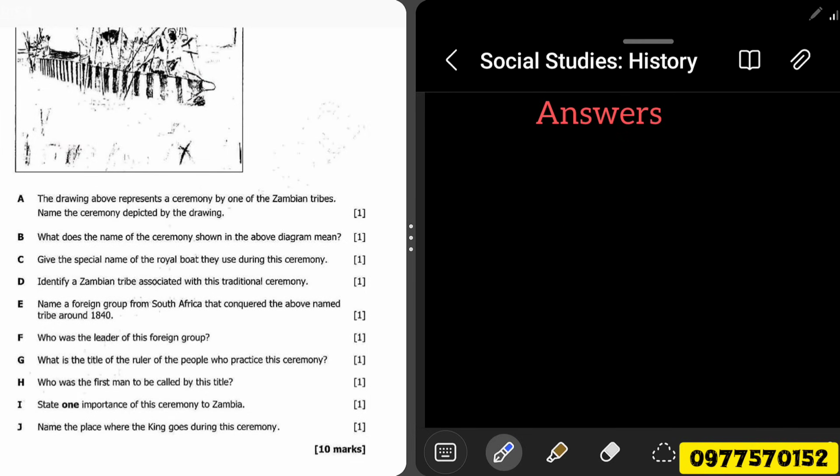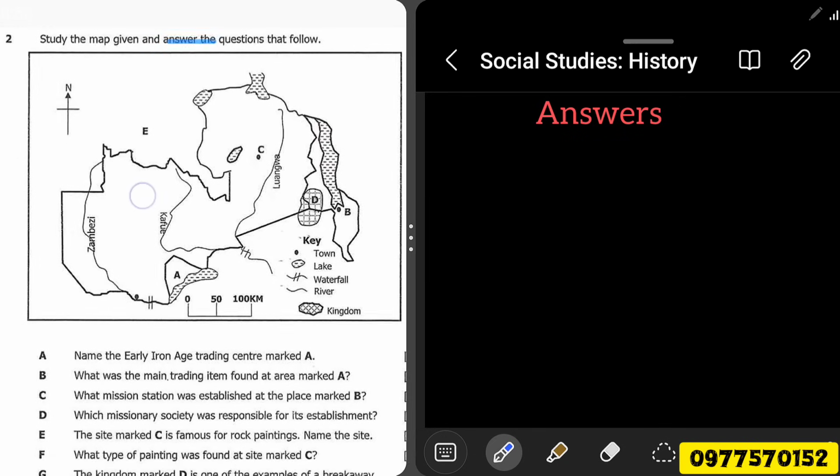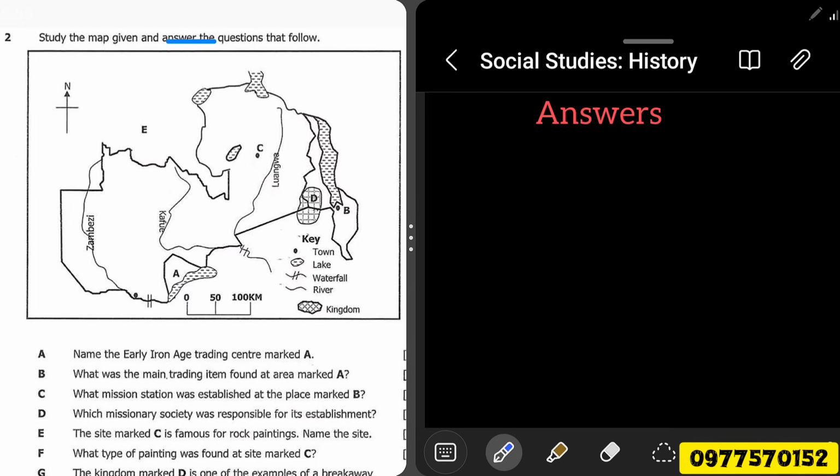So let's go to the next question, my good friends. Question 2: study the map given and answer the questions that follow. This is the map of Zambia.